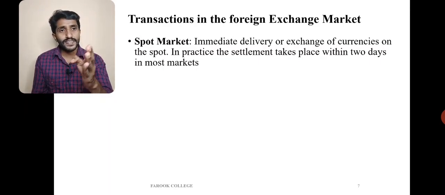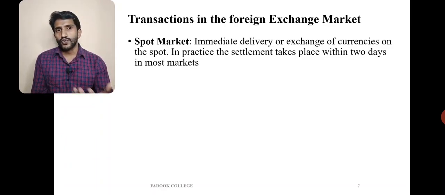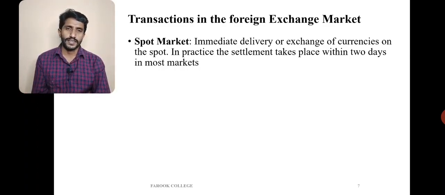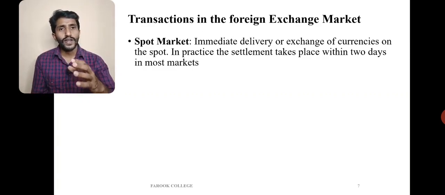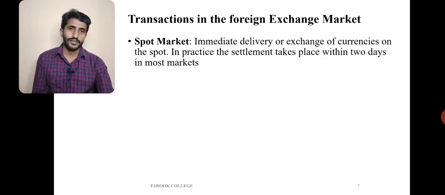In practice, the settlement takes place within 2 days in most markets. If I am converting my rupees to dollars, this transaction will happen within 2 working days. That is a common practice. So it is known as the spot market, an exchange of currencies on the spot. That's why we have the spot exchange rate.